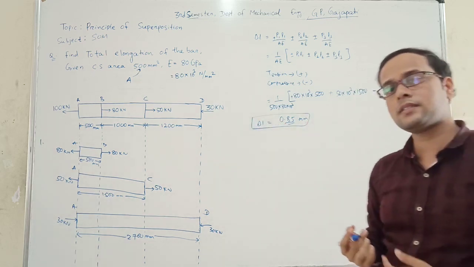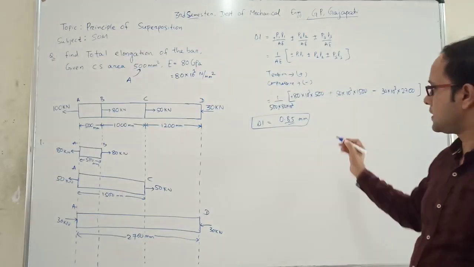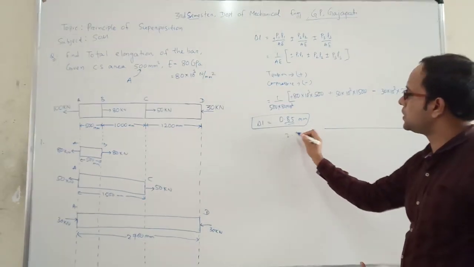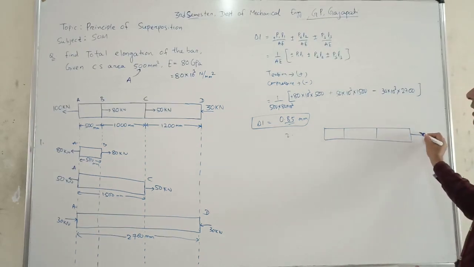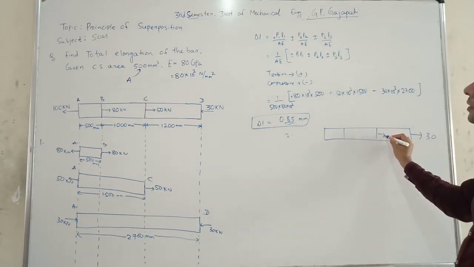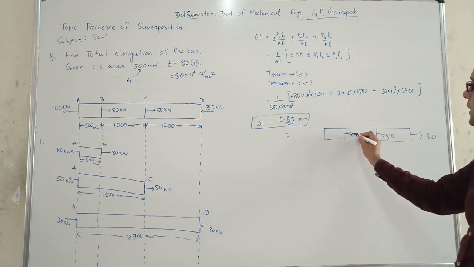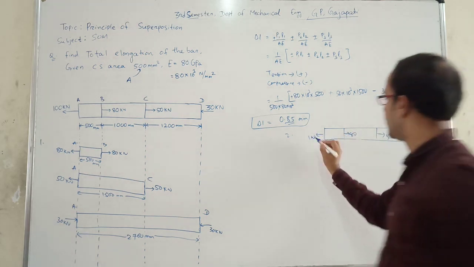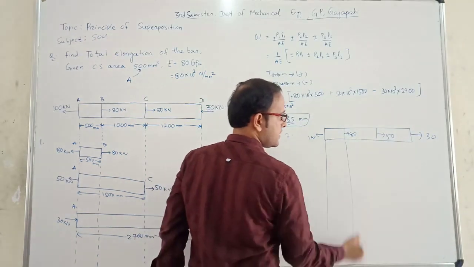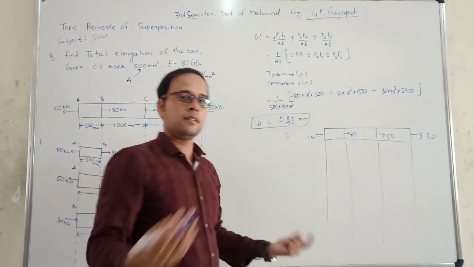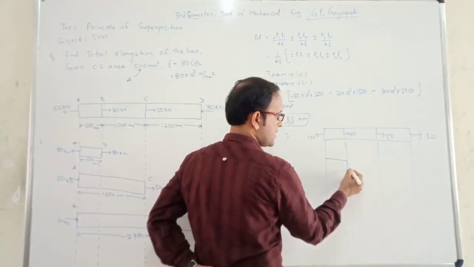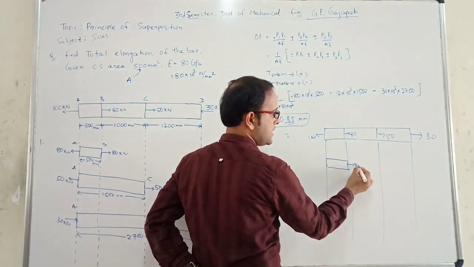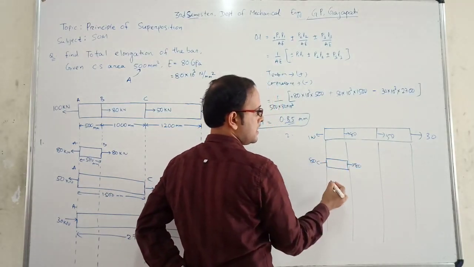We can attempt in some other way also. Let us see. So attempt number 2. Here 30, 50, 80 and here 100. So let us divide the sections. In another trial we will solve this one. So let us divide this section, apply 80 kilonewton.